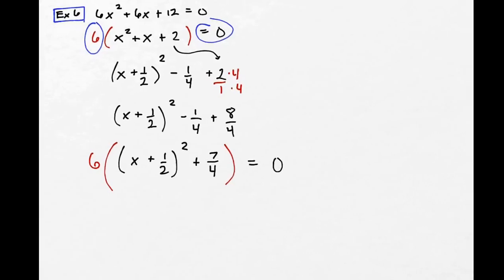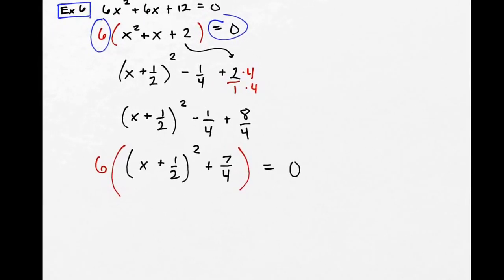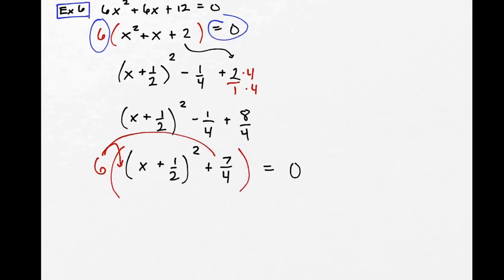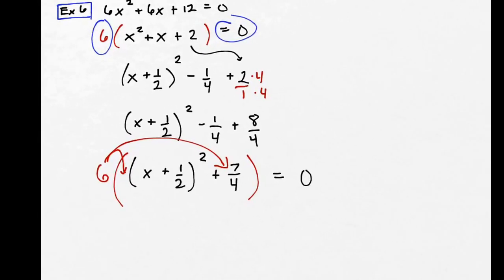Yeah, I'll distribute it back in. So this is how you distribute stuff back in. It's not super difficult. It's actually very, very simple. You don't distribute into the x plus 1/2 part because that has an exponent of 2. So you can't distribute there, but you distribute just right there. And then 6 times 7/4.